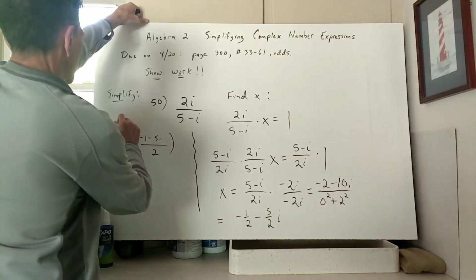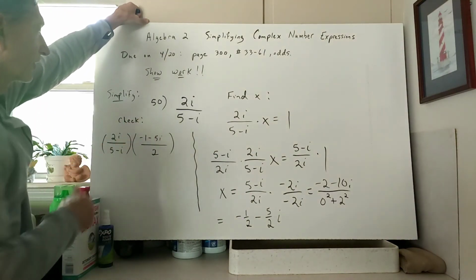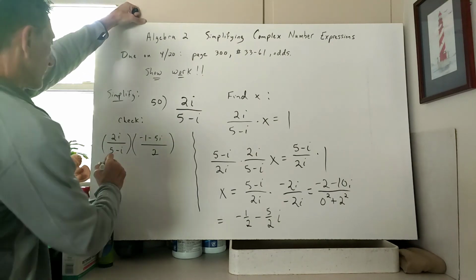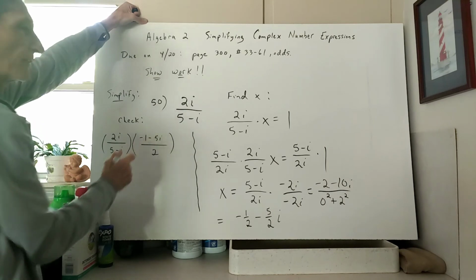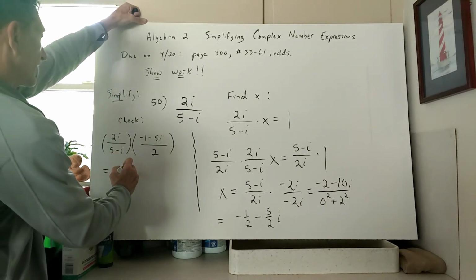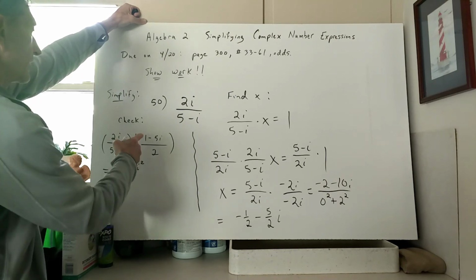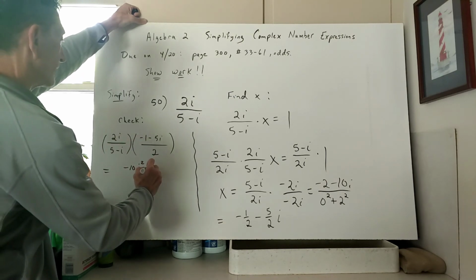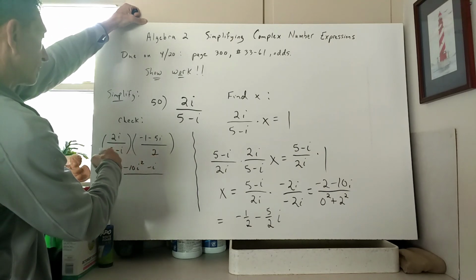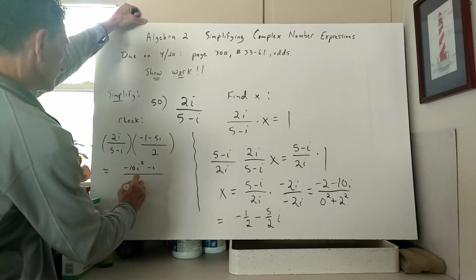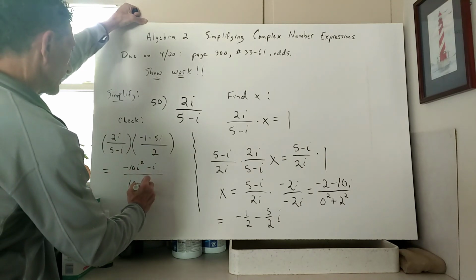So here we're checking to see if these two numbers are in fact reciprocals. So for the top, 2i times negative 5i is negative 10i squared. Negative 1 times i is negative i. The bottom, 2 times 5 is 10. 2 times negative i is negative 2i.